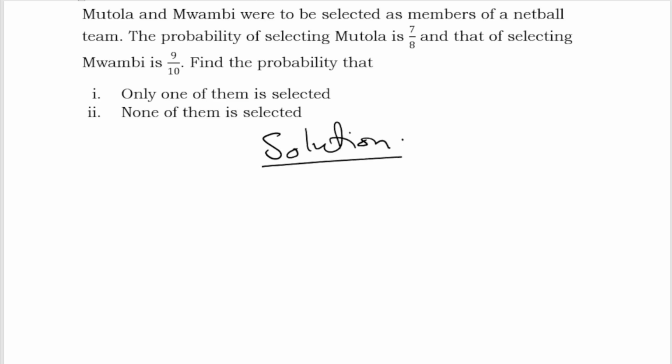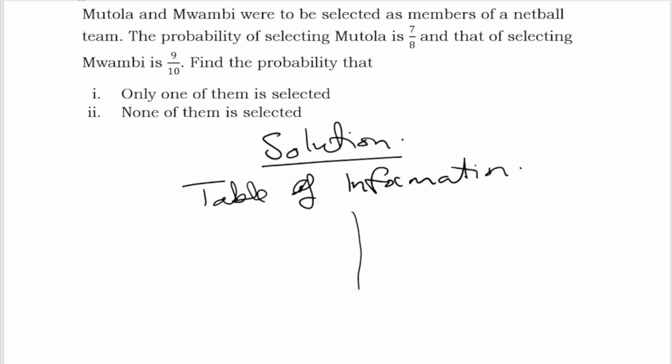First of all, usually what I do is what I call a table of information. I just call it that for myself. And so what is this table? Here we have Mutola, and on the other side, we have Mwambi.